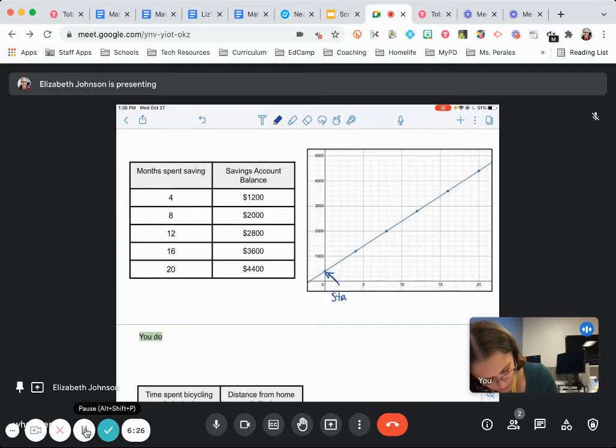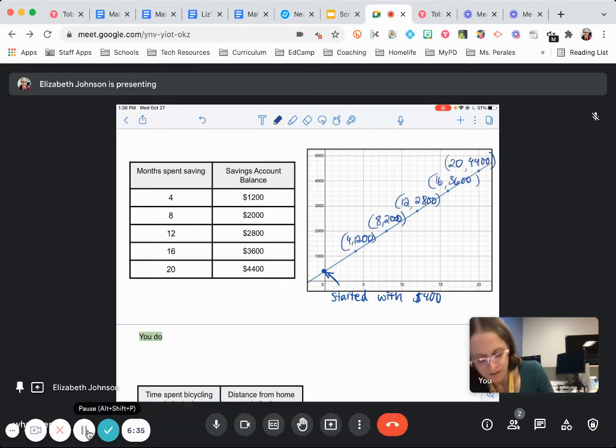We started with $400. It's right there as our y-intercept. And let's look at our slope. It's easier when my points are labeled, so I went ahead and did that. Let's take a look. It looks like we went, oops, I had an eraser instead. Let me get out my highlighter. There we go.